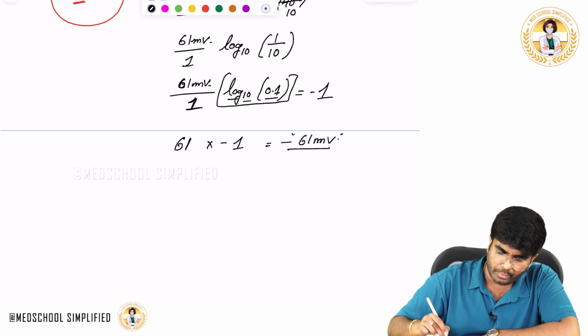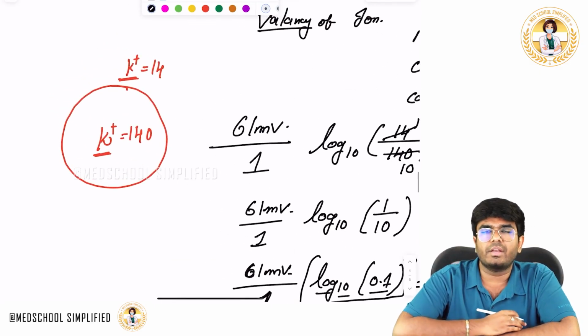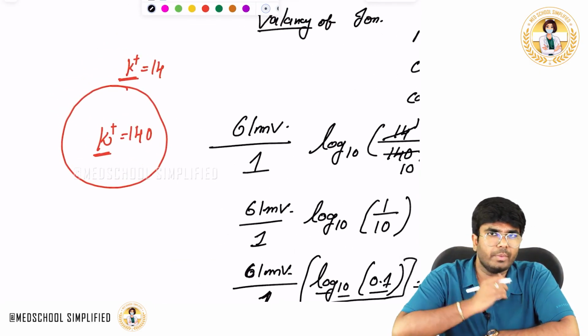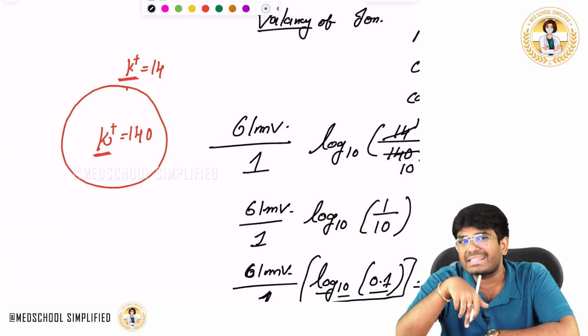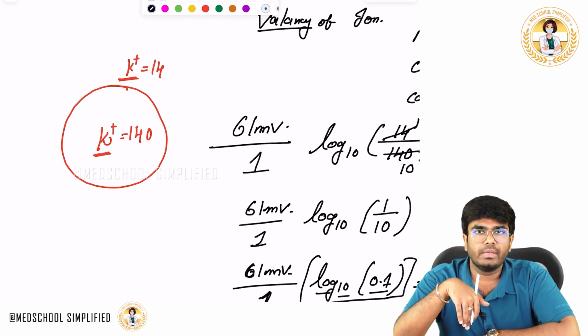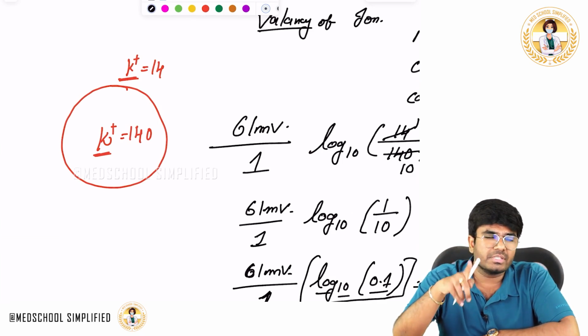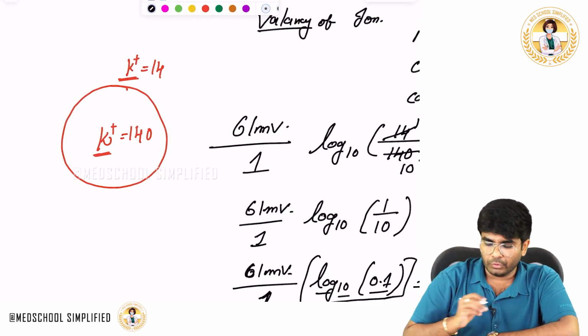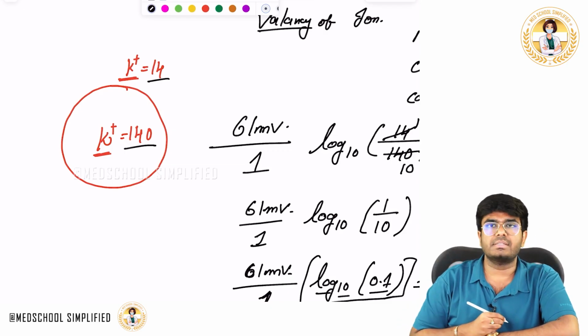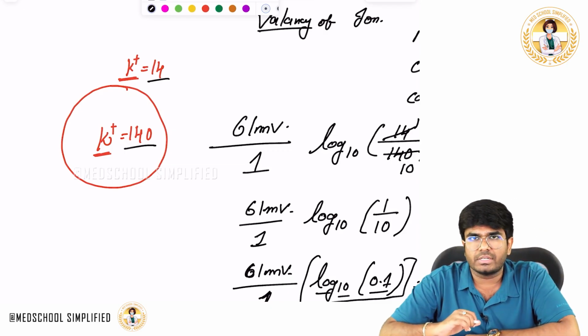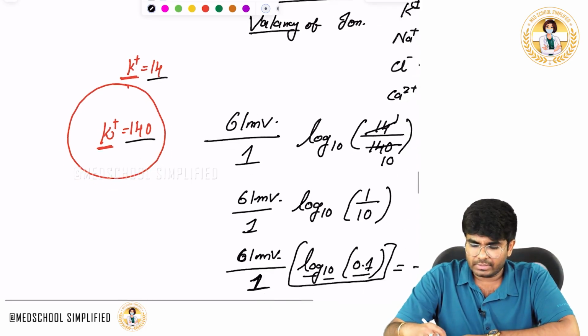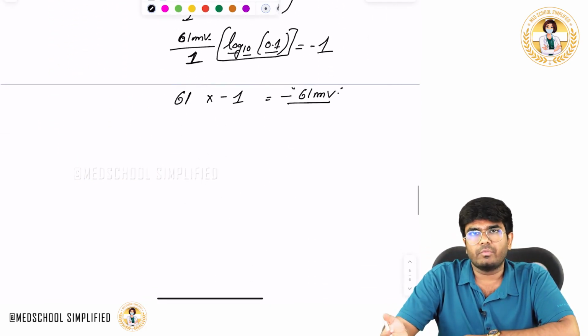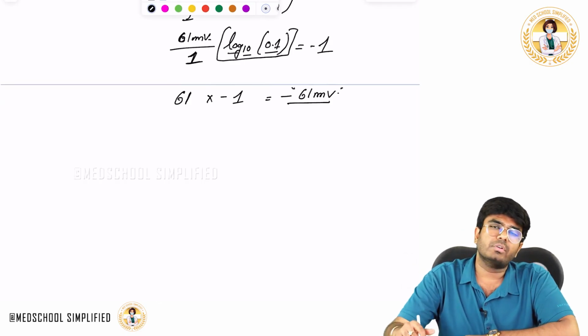So the equilibrium potential of this potassium in this example is -61 millivolts. The normal equilibrium potential of potassium is minus 90 millivolts, that's a totally different thing. In this example the concentrations are hypothetical, just arbitrary numbers. So in this example, the equilibrium potential is -61 millivolts.